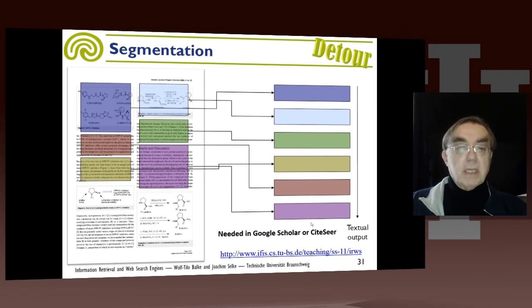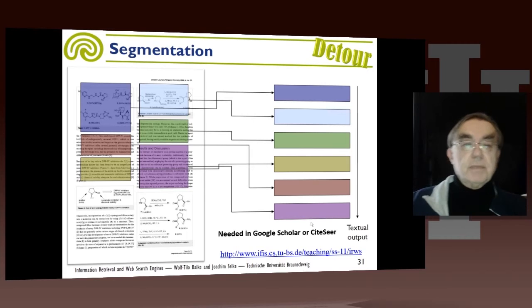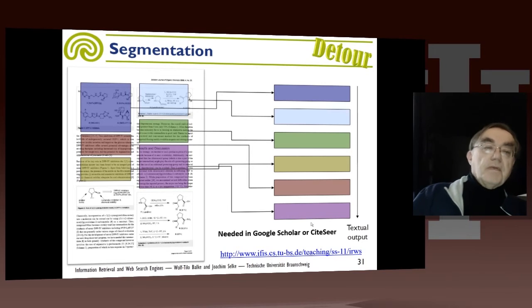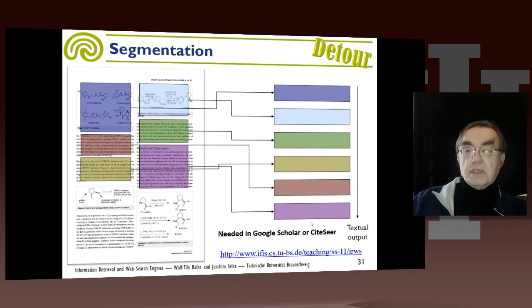Well, this is one of the early analyses of scholarly works. So that's important. Many information retrieval systems, like those looking for figures in a document and things like that, need to do this segmentation.